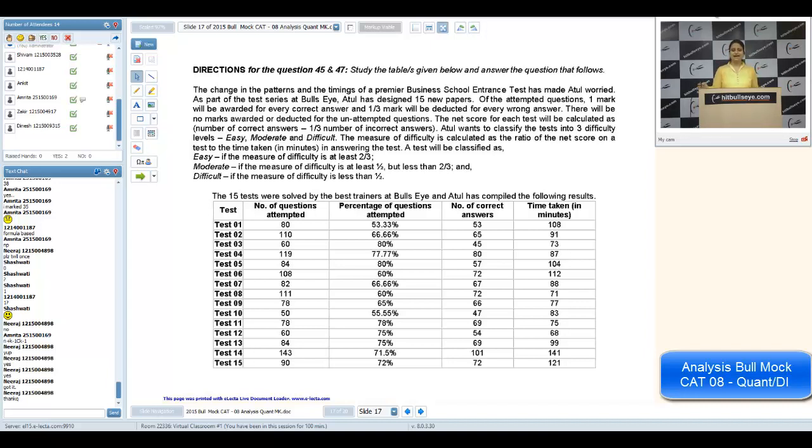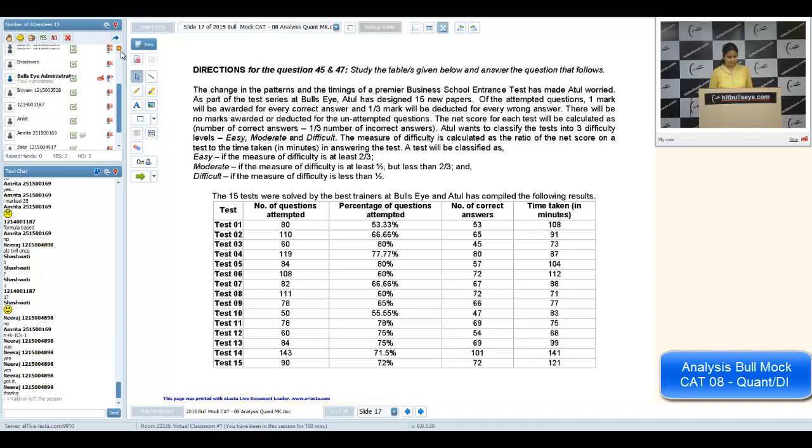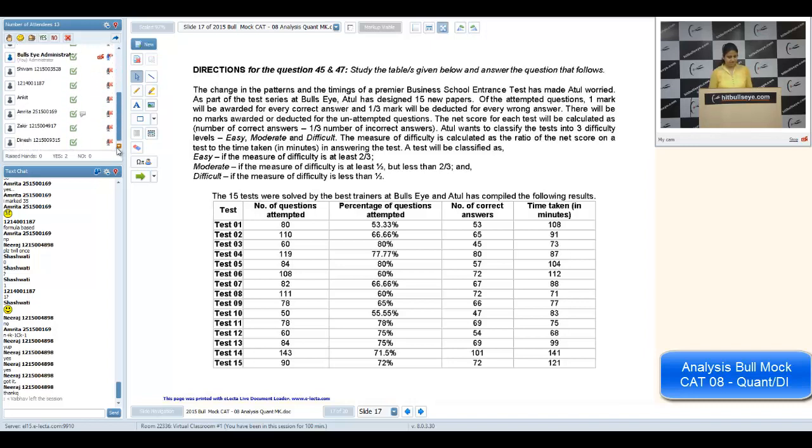Otherwise, they are actually very easy. 45 to 47, very, very easy, except the 47th question. That was calculative. Any problem in this set?